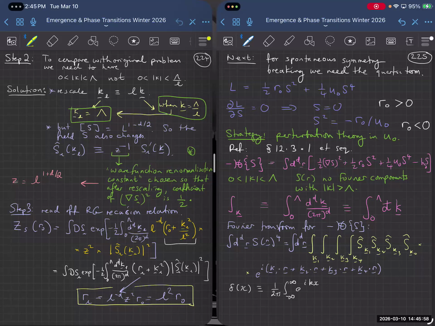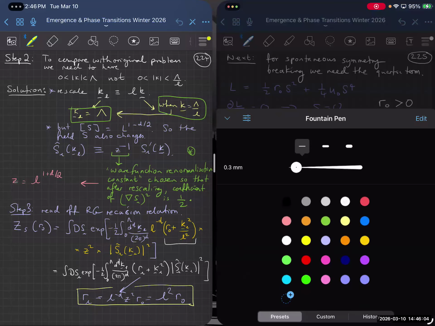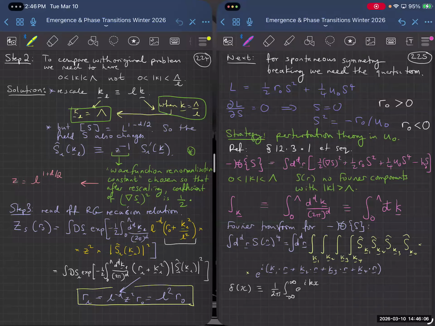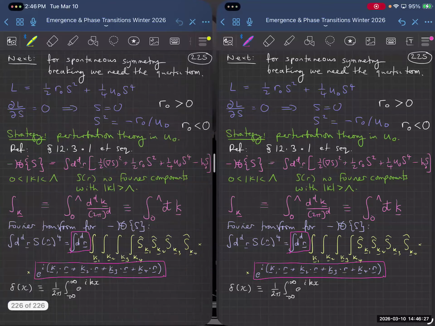So therefore, when I do the integral over d^d r, here's my integral d^d r, and then here is my integral of a bunch of k's times r. When I do that integral, what I'm going to get is a delta function. So let's write that out.